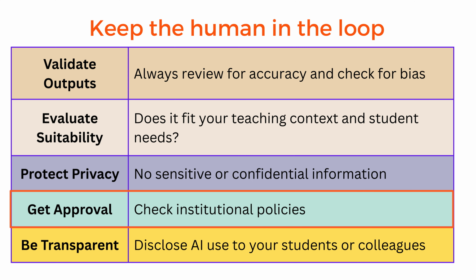Get approval. Check your institution's policies on using generative AI in teaching and research. Be transparent. If you're using AI-generated content significantly, example, drafting course materials, providing feedback, consider disclosing this to your students or colleagues as appropriate. It builds trust and models responsible AI use.